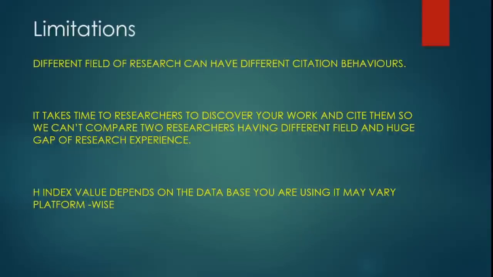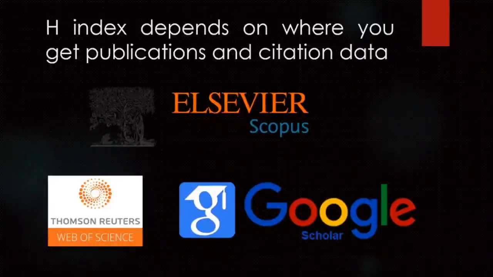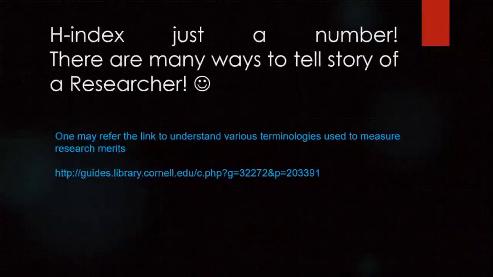The h-index value depends on the database you are using, as we have just discussed. You may be using Google Scholar, or Scopus, or Web of Science. So the h-index depends on where you get publications and citations data: Elsevier's Scopus, Web of Science, or Google Scholar. The h-index is just a number, and there are many ways to tell the story of a researcher.